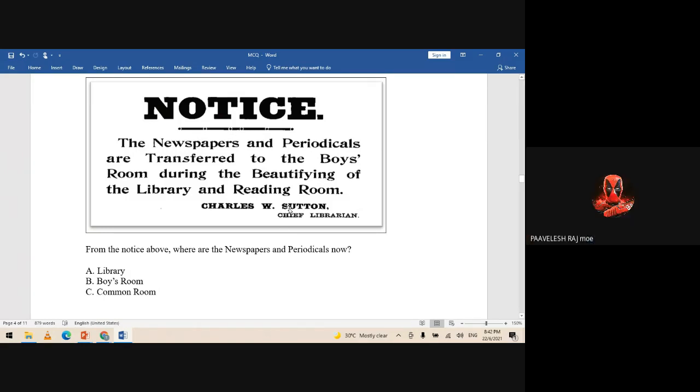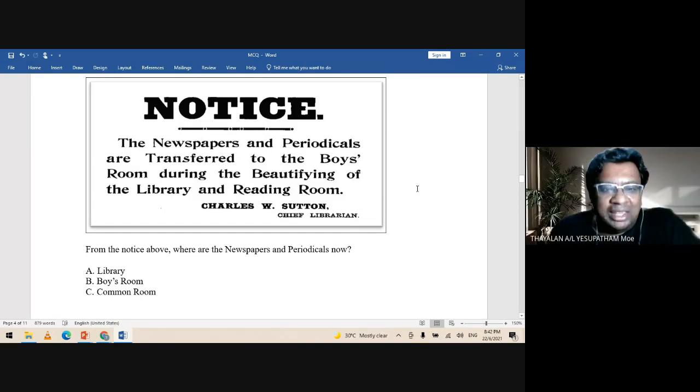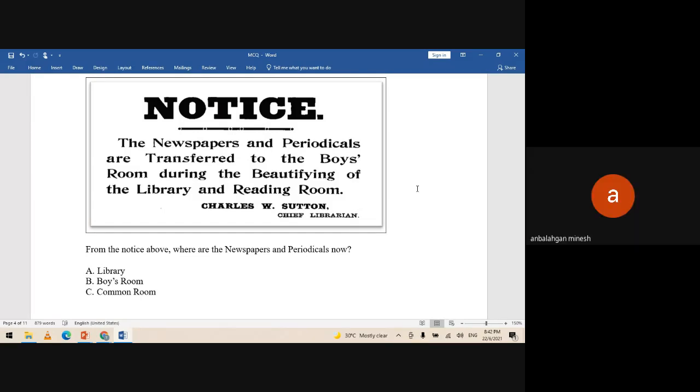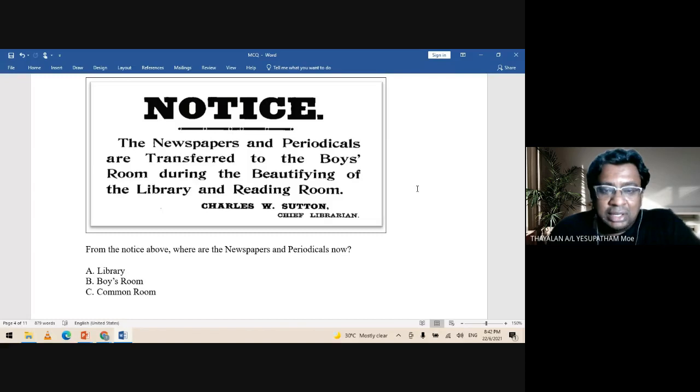Newspapers and periodicals? No. Boys? No. The clue is, listen, the clue is now. Where is it at the current moment? So that is the clue. Now let's look at the notice.